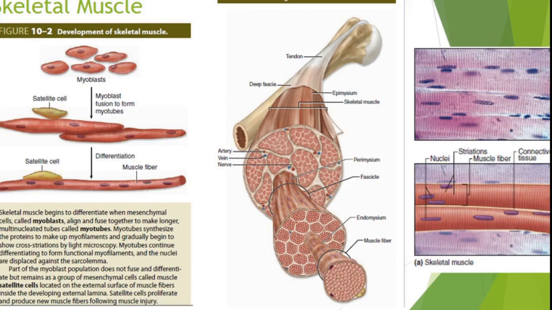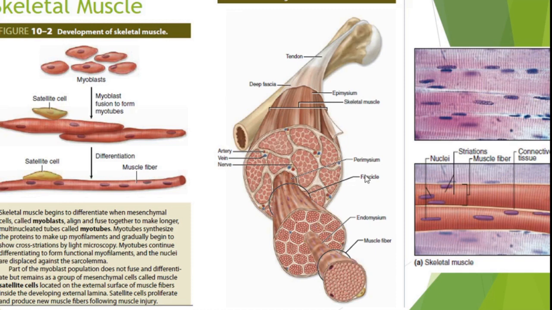Okay, next. Punta naman tayo dito sa gitna. Itong image natin or figure 10-3, organization of skeletal muscle. As we all know, skeletal muscle is composed of numerous muscle fibers, no? Itong isang muscle na to, ito yung whole muscle na.